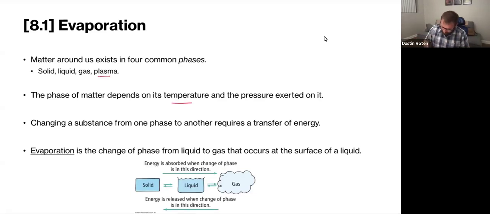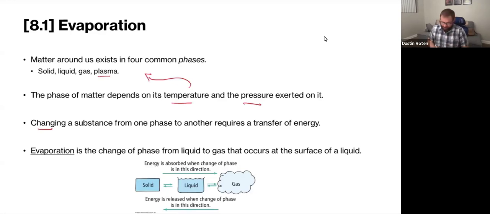So there's two things in here that actually determine which of these phases a substance or any matter will be in. So if you want to change a substance from one phase to another, that requires some sort of transfer of energy, okay?